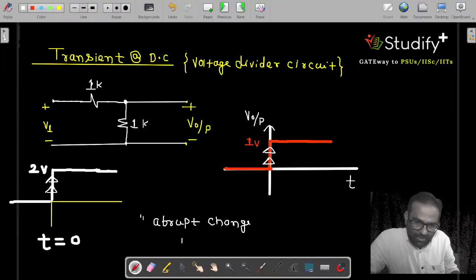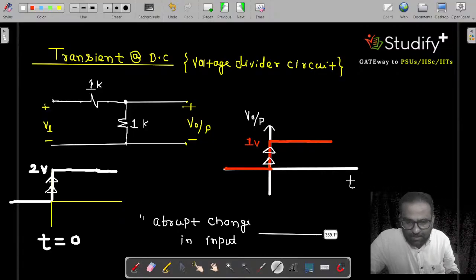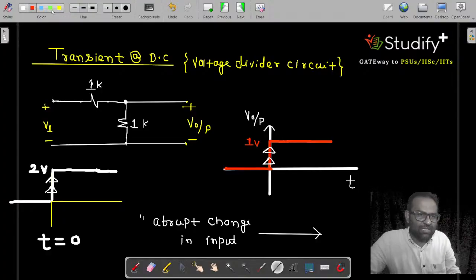Abrupt change in input results in abrupt change in output, because resistance is an instantaneous component.